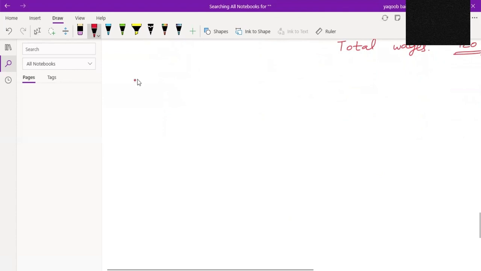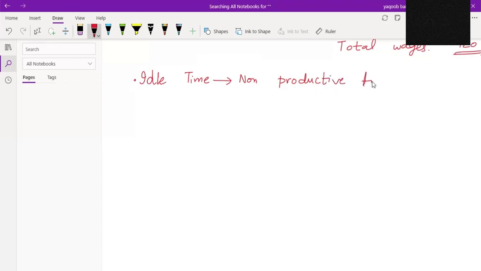Next, we have the concept of idle time. Idle time means non-productive time. Idle time can arise because of what? Idle time can arise because of a number of reasons. For example, there is machine breakdown.